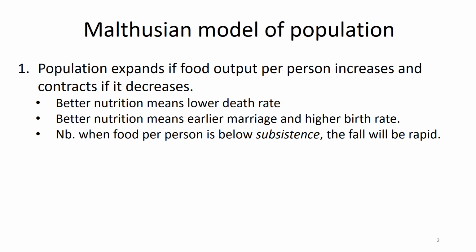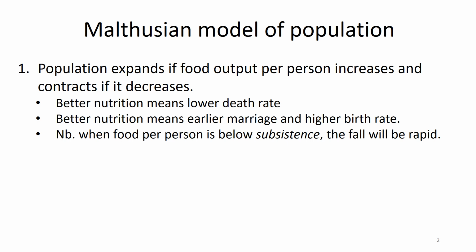Another mechanism through which that might work is through earlier marriage and higher birth rates during marriage, in contrast to some European societies where marriage tends to be delayed until a couple has acquired a sufficient amount of income to establish a household of their own.